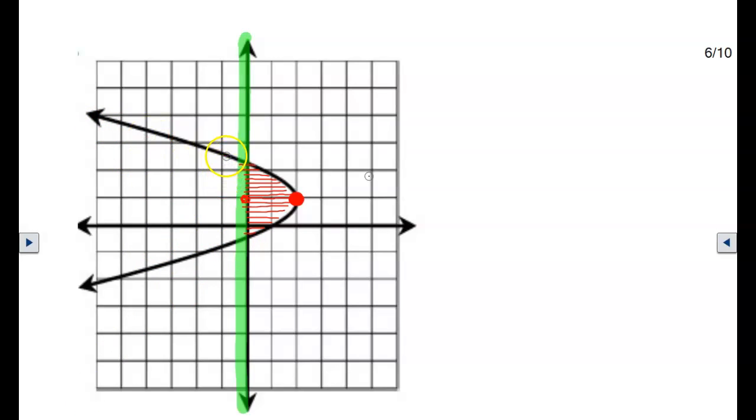Now I need to go up here, and that's going to require me to go from this side. Now when I hit that arrow, don't forget that that's going to continue on. So you're going to continue going up because that graph is going to continue going up. That's going to let you go on forever in that upward direction.